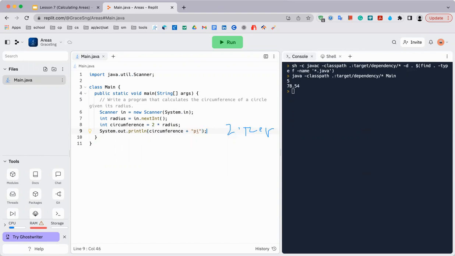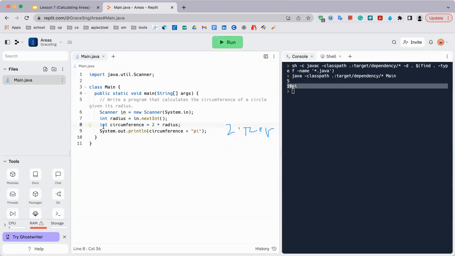And once again, you can copy paste the symbol if you would like. So let's quickly run this and verify that it's working fine. So going back to my circle of radius 5, I would expect that my output is 10 pi. And yeah, that is correct.